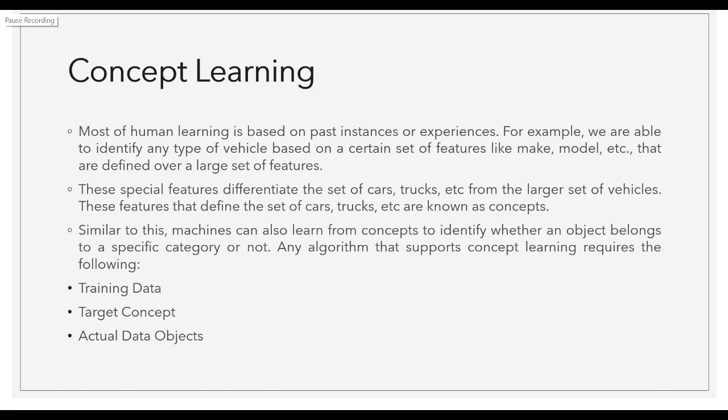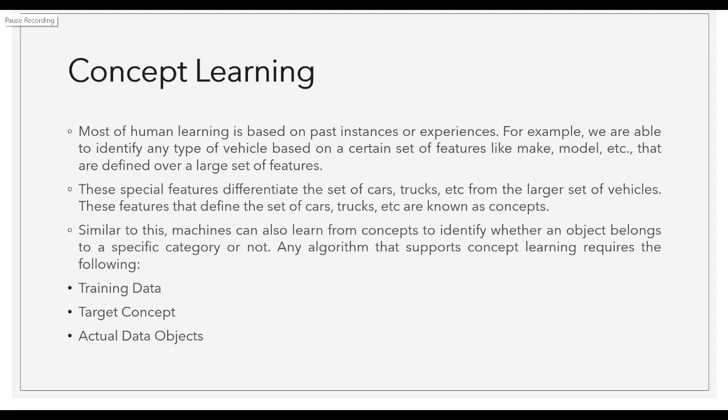These features that define the set of cars, trucks, etc. are known as concepts. Similar to this, a machine can also learn the concepts to identify whether an object belongs to a specific category or not.